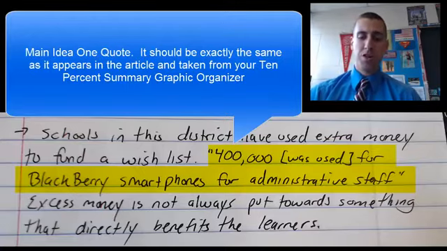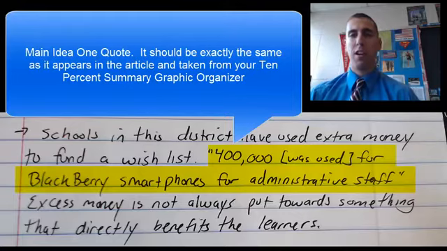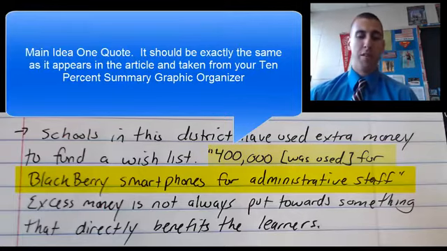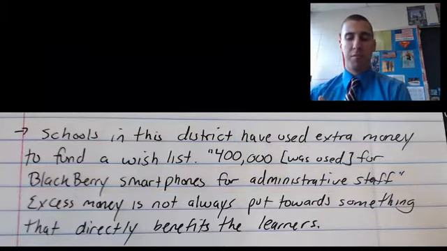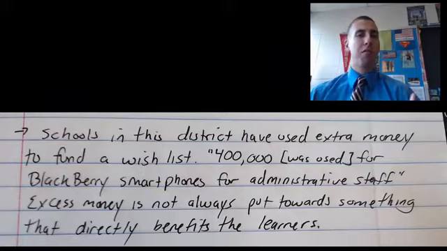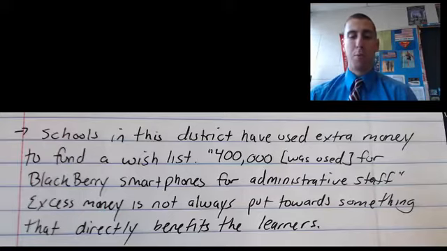You could see that I truncated that with a ... but since I wrote the page number where that quote occurred, I was easily able to reference that and get the rest of the quote that otherwise would not have fit on that line. Great, so I have 2 sentences that schools use extra money to fund a wish list, and I have some support. This quote saying what money was used for, and insinuating that the BlackBerry smartphones were part of this wish list. Now what? Well, here comes the all-important third part of this quote sandwich.